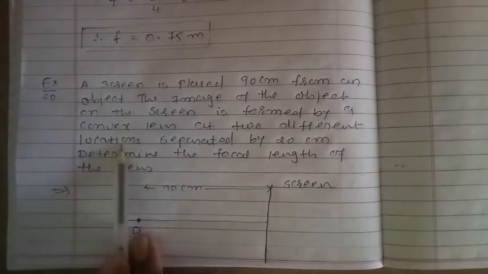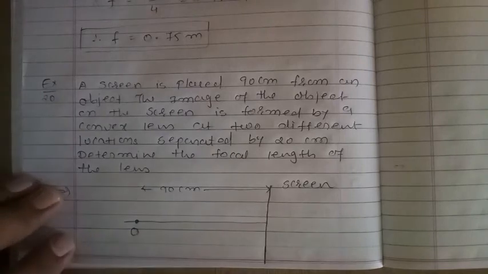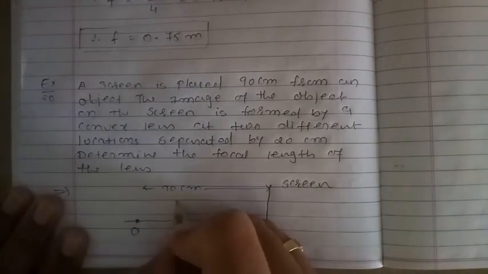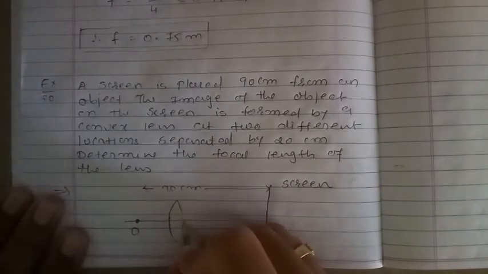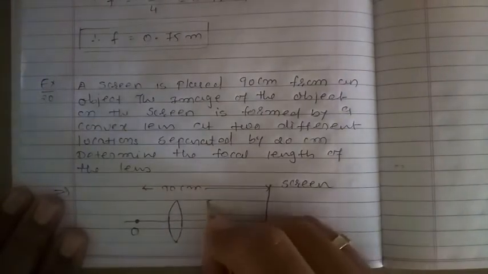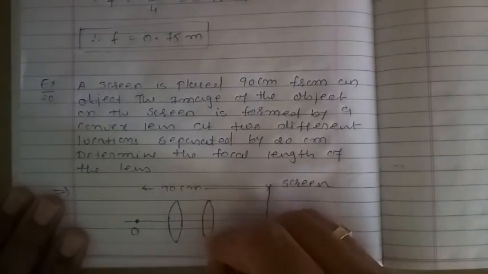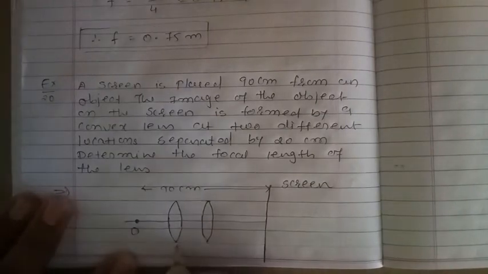So here there are two convex lenses, and the distance between the two convex lenses is 20 centimeter. So here this is our first convex lens, and here this is our second convex lens, right? So here the distance between these two lenses is 20 centimeter, right?